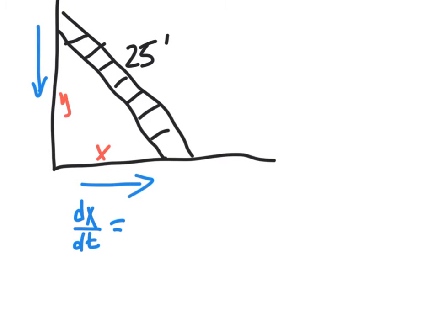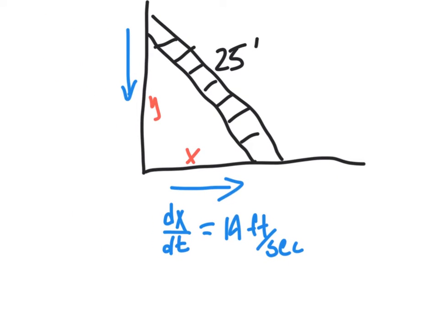And we want to know at what rate dy/dt is changing when y is 7.